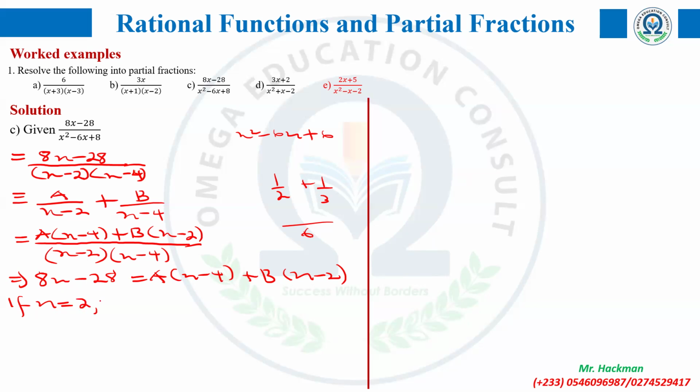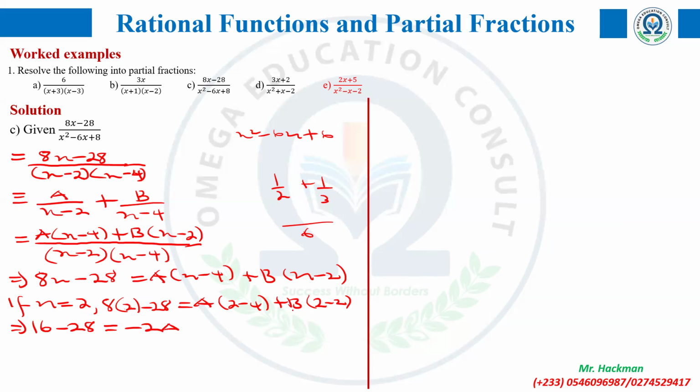That will give you 8 into 2 minus 28 is equal to A into 2 minus 4 plus B into 2 minus 2. 8 times 2 is 16, so 16 minus 28 will be equal to minus 2A.